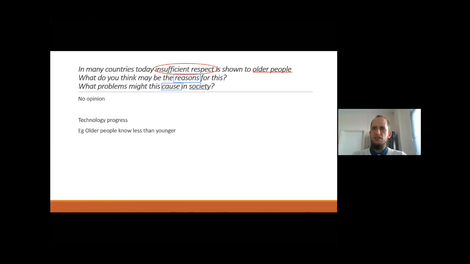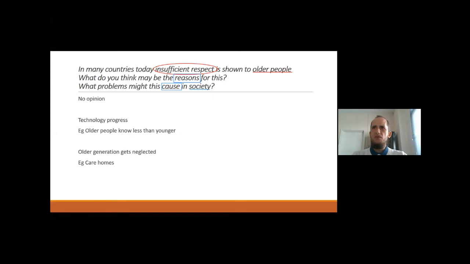That has changed, and I think that the cause to society is that older generations get neglected, and that's a bit of a problem, because when there is insufficient respect to older people, what starts happening is that people start putting their parents or their grandmothers and grandfathers into things like care homes.